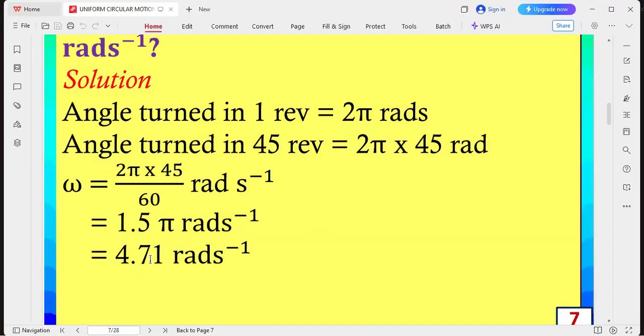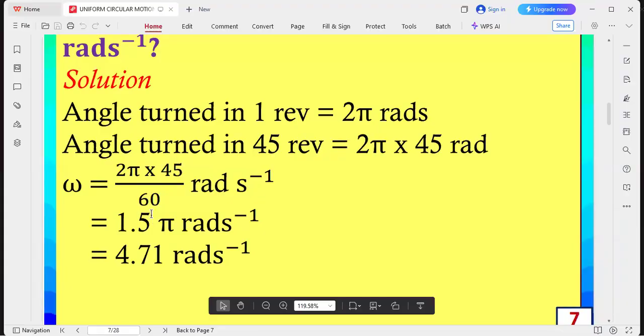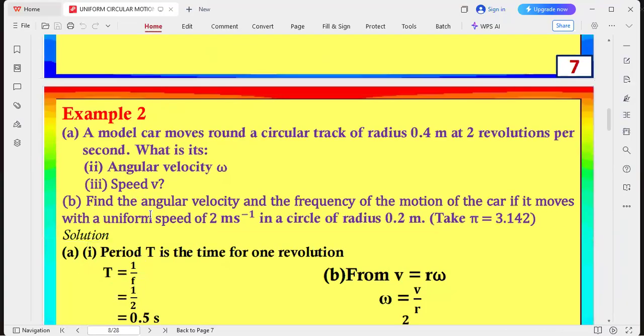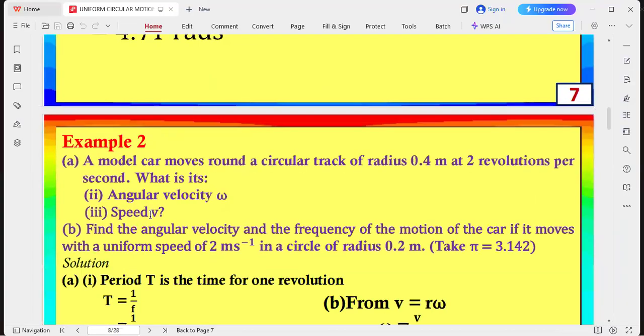In your calculator, I think you should get 2 times pi times 0.75 equals 4.712 radians per second. So that is one example. Example number 2.